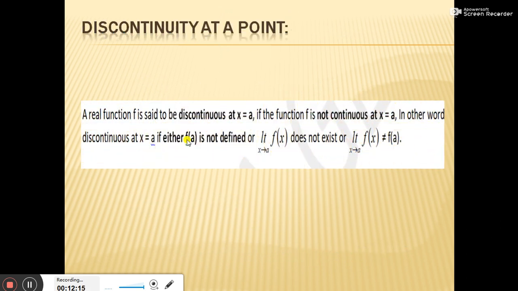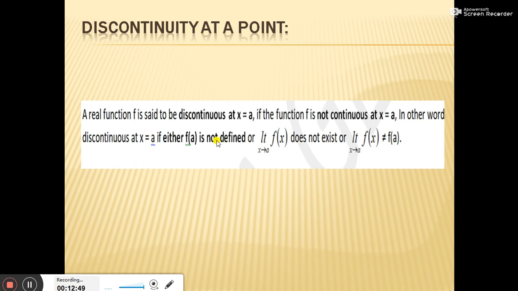That means we have the definition of discontinuity. A real function f is said to be discontinuous at x equal to a if the function is not continuous at x equal to a. That means this function is discontinuous at x equal to a if either f(a) is not defined, or the limit as x tends to a of f(x) does not exist, or the limit as x tends to a of f(x) is not equal to f(a).